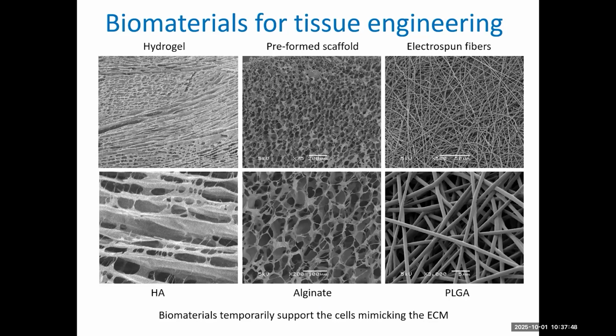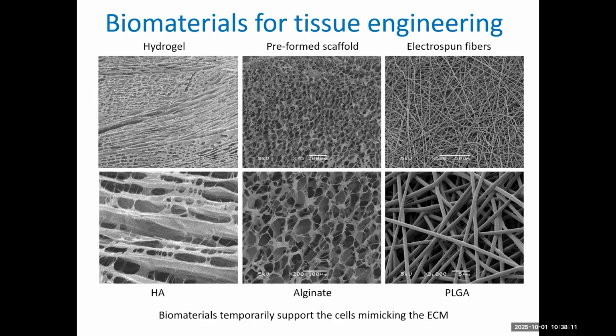So when we talk about biomaterials for tissue engineering, there are a few forms of materials that people use. So we can use hydrogels. You can see here, hyaluronic acid hydrogel. What we do with that, we can mix the cells within, and this can be injected or transplanted. We can create preformed scaffolds, some kind of sponges with pores.